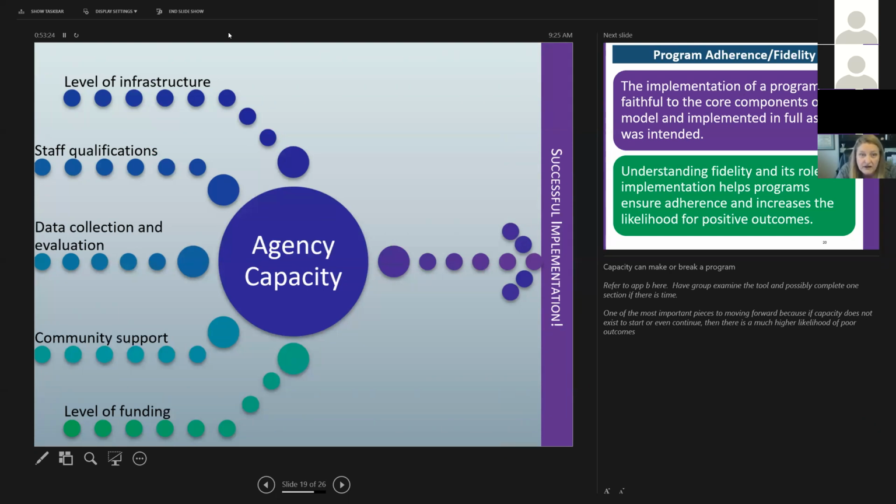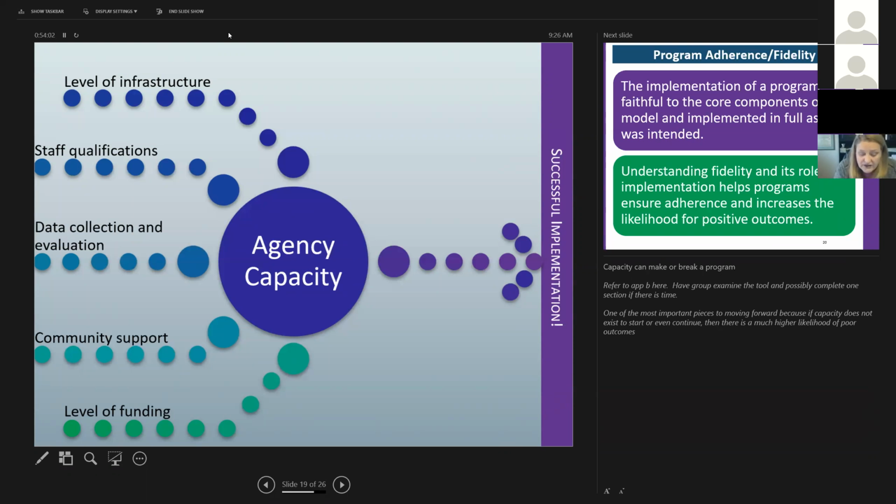Either they didn't have the infrastructure needed to participate. And when I'm talking infrastructure, it might be something as small as they don't have data entry capacity with regards to collecting the right information. It might be that they've selected a measurement tool that requires use of an online database, but their staff don't have regular access in the field to internet on their laptops. I mean, it can be that kind of thing.